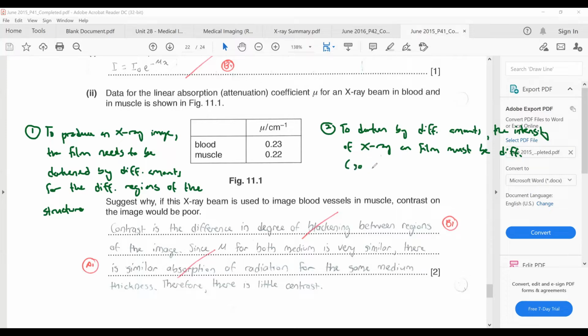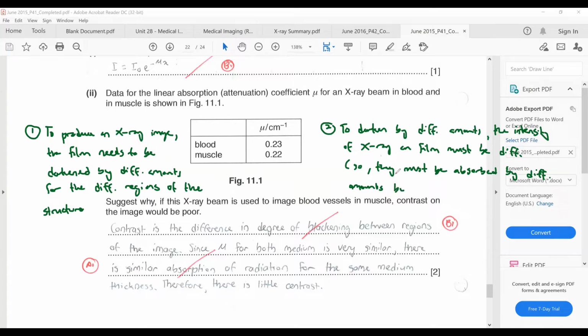So they must be absorbed by different amounts by the different regions.